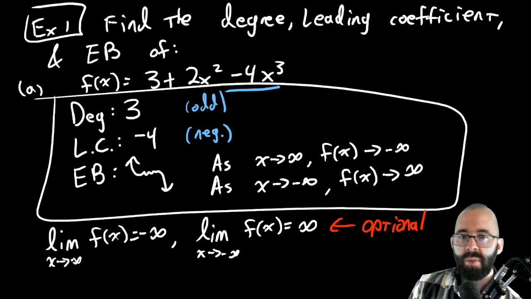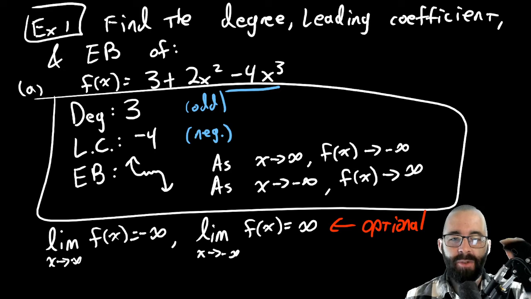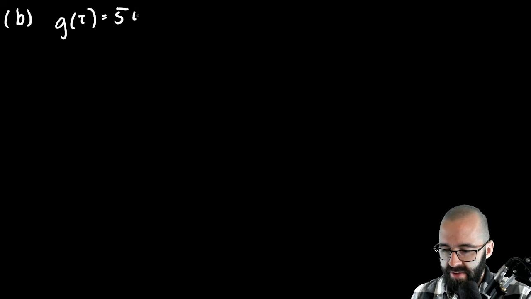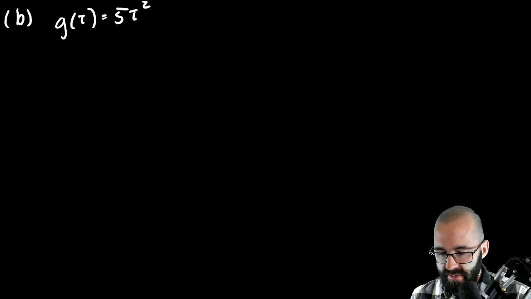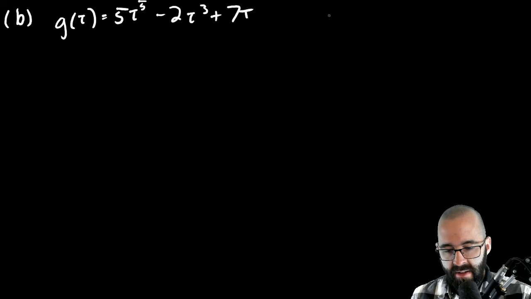I'm going to write down 2 more problems on the board. And what you are going to do, hopefully, is pause the video and try to solve these problems. Let's see if we get to the same thing. G of t equals 5t to the 5th minus 2t cubed plus 7t.